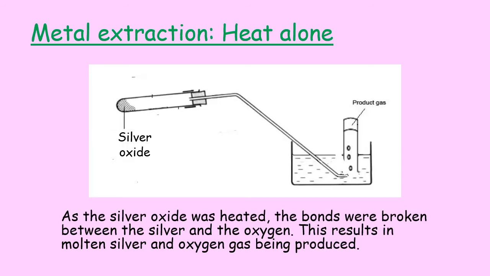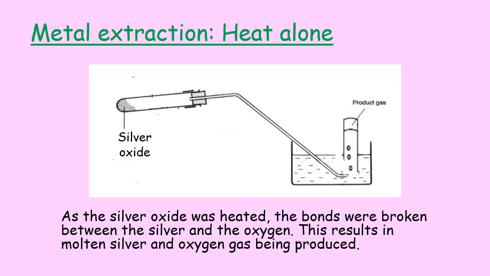Now, how we can do this and show what's happening is if you take your metal ore or your metal oxide, which is a substitute for the ore, and you heated it with a Bunsen burner in a test tube, like in this diagram, and you had a tube coming out of it, going into a tank of water, you would see that as you heated it up, you would get a gas being produced.